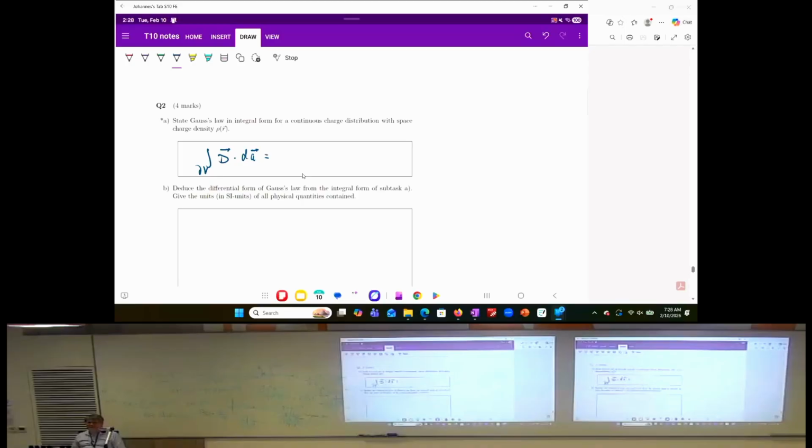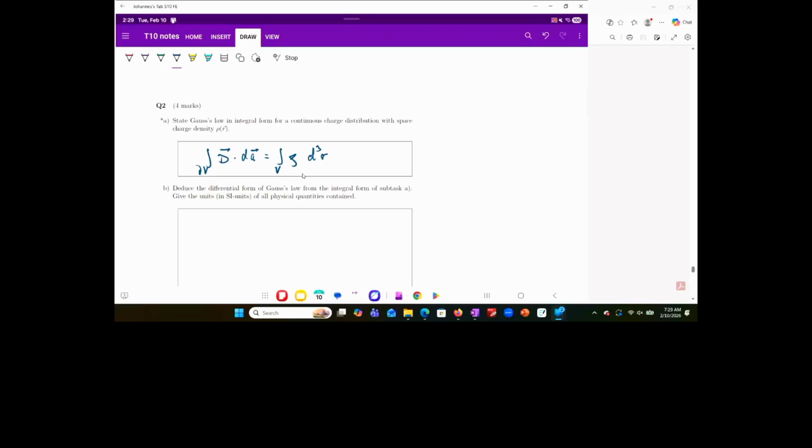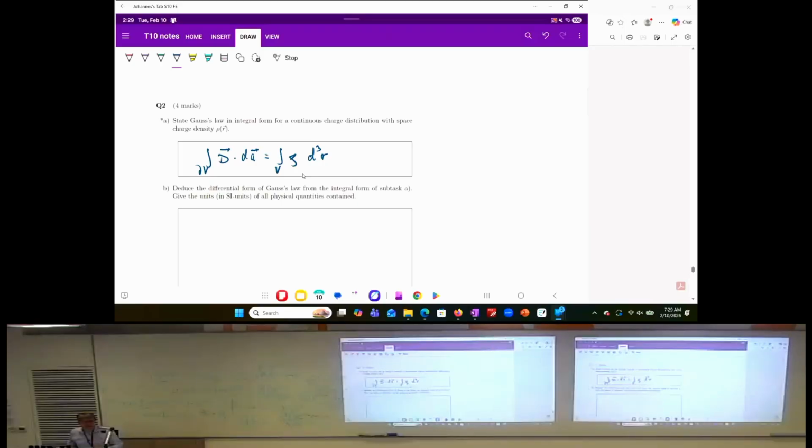You know Gauss's law. It's a rho, you probably mean, yeah. And you're right, it is d V, or if you take r, then you write d^3 r. So this rho here is a space charge density.